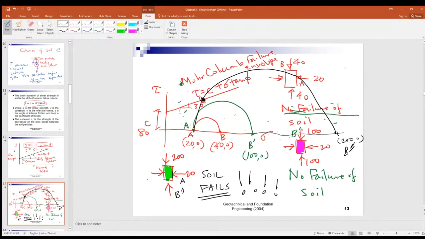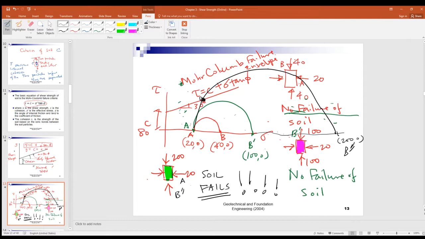Let's suppose before a building foundation is built, the stress at a certain depth below the ground is 40 kPa. But after you have built the foundation, the weight of the superstructure is very heavy, so the vertical stress now comes to 200. That exceeds the shear strength of the soil at that depth.